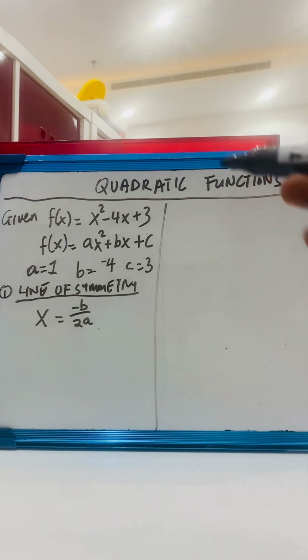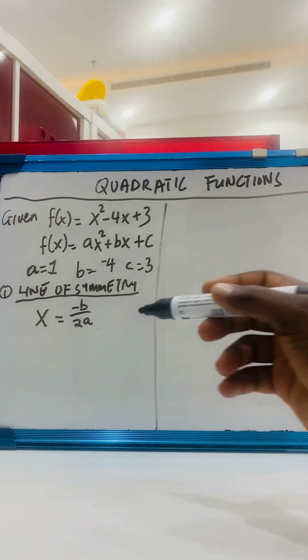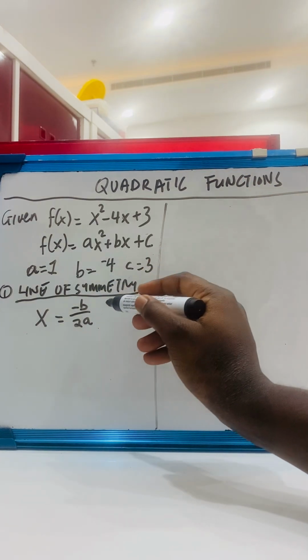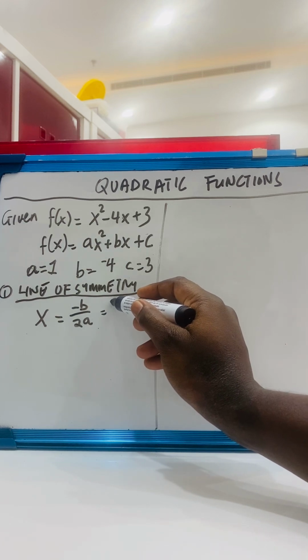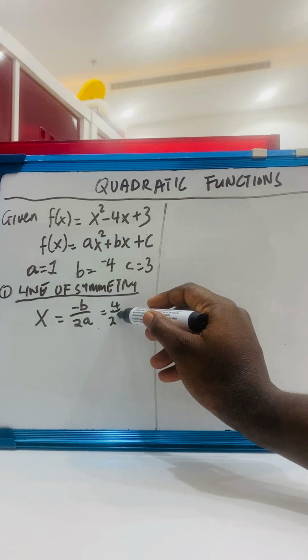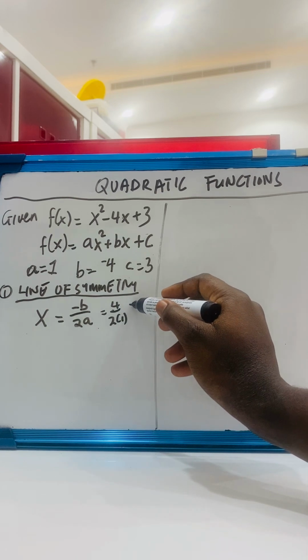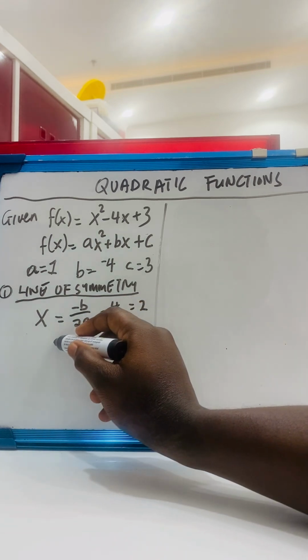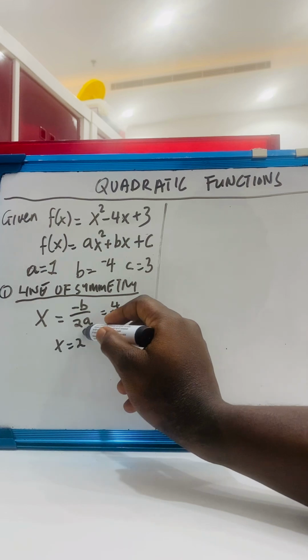So from the given function, my b is negative 4. So negative of b is just 4. Divide 2 times a. My a here is just 1. So I have 4 divided by 2. The line of symmetry is x equals 2.